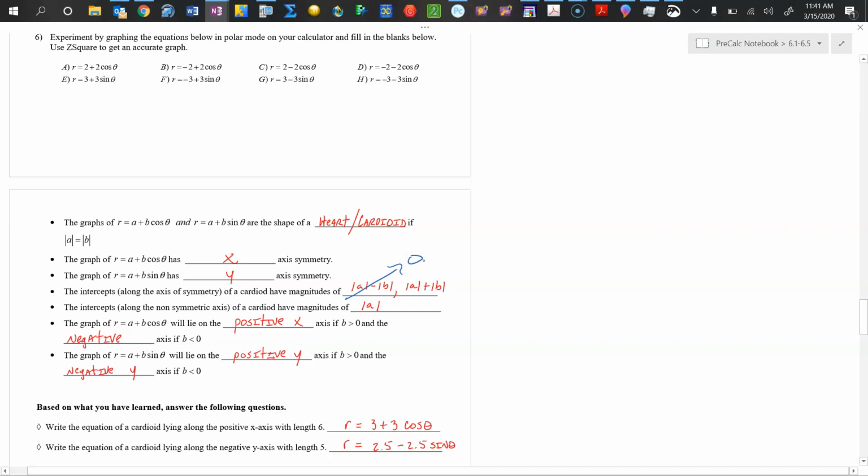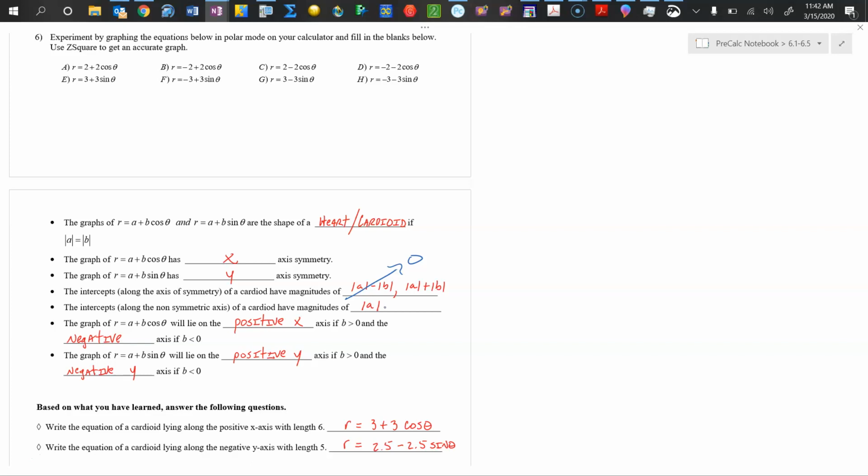So you're always going to have an intercept of 0 on that axis. If you take the sum of those absolute values, it will also give you the other intercept on that axis. On the non-symmetric axis of the cardioid, it will have intercepts that are equal to the absolute value of a, which is the constant coefficient in these functions.